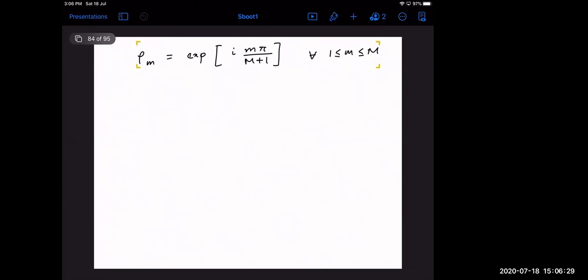And of course, the corresponding SM is just given by rho SM equal to rho M.